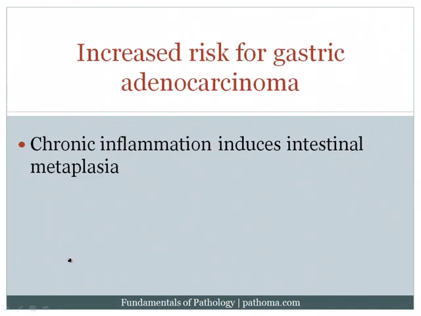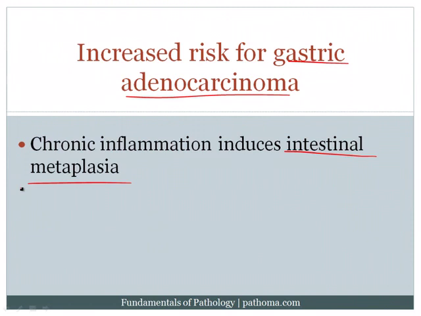Now, these patients will also have an increased risk for gastric adenocarcinoma. And the idea here is that the chronic inflammation is going to induce something called intestinal metaplasia. And when you get intestinal metaplasia, that metaplasia is a pathologic metaplasia which will have an increased risk for the development of cancer. Let me take a step back and remind you that normally, if you were to look at the wall of the stomach, there would be no inflammatory cells. All right?